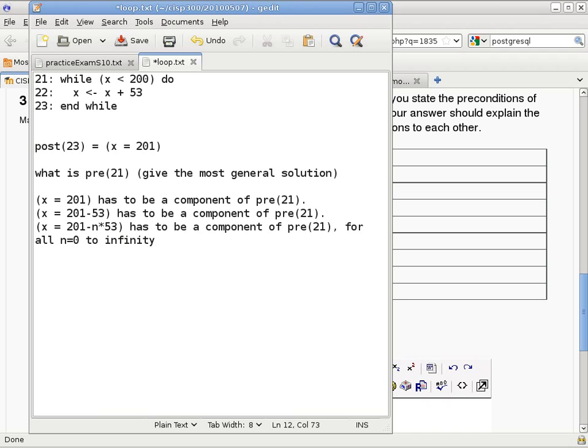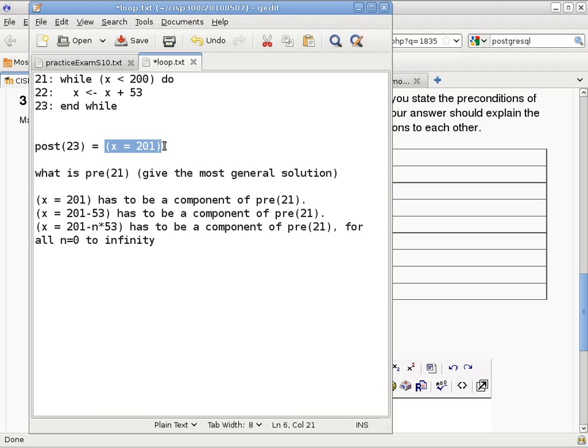In other words, x can start with negative, just pick some really large n value, and then you just say, what if x equals 201 minus some really huge integer times 53? Well, it just has to go through a few more iterations, but it will get out of the loop with x equal to 201.